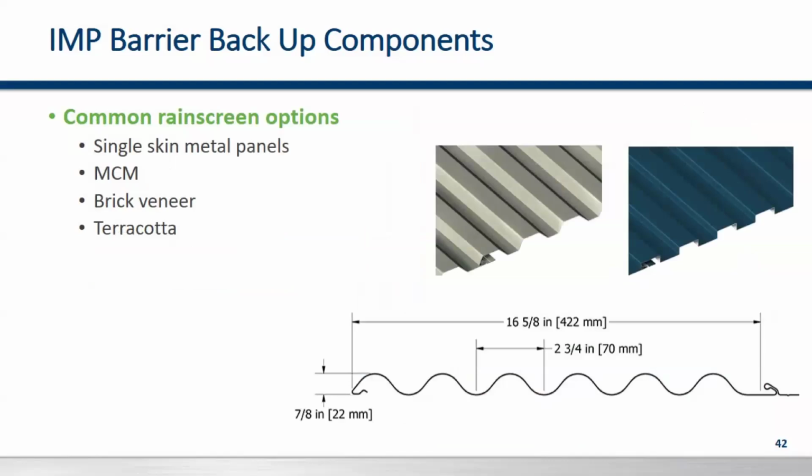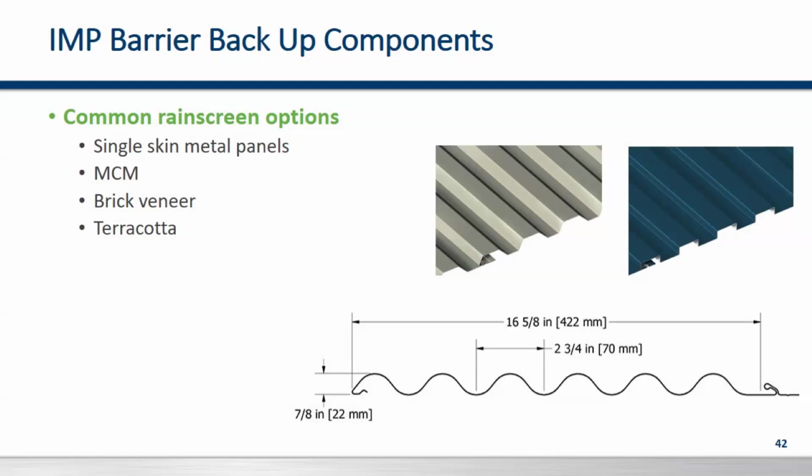And then the last part of the barrier backup is the exterior facade, which we're calling our Rainscreen options. While they are providing Rainscreen protection, even though the insulated panels don't do that, they are providing that secondary level of protection, but also really the design element, where with single skin metal panels, a lot more design, a lot more color options.